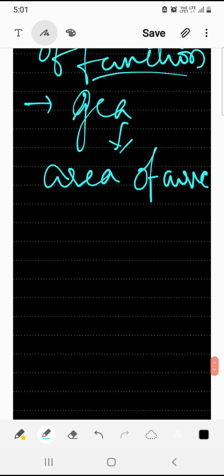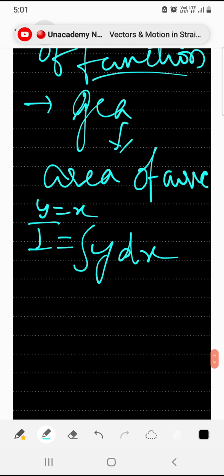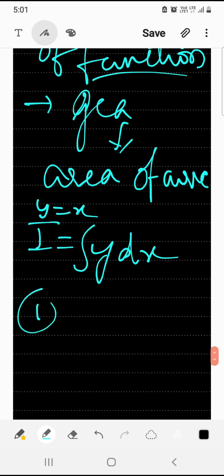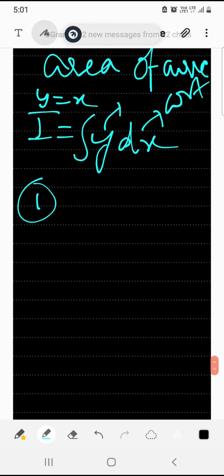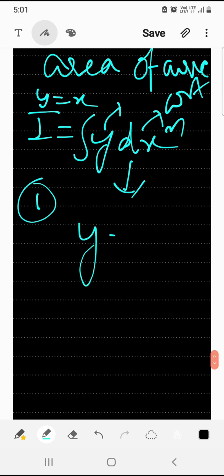And how to represent the rules: integration of y with respect to x, like this we will do. This is the function, and this is with respect to x. Here the first rule is the same as before: integral of y dx, where y is x power n, gives x power n plus 1 by n plus 1.